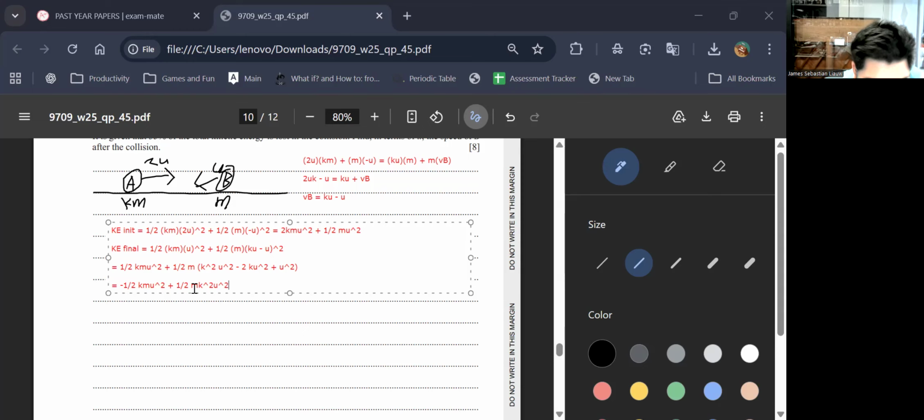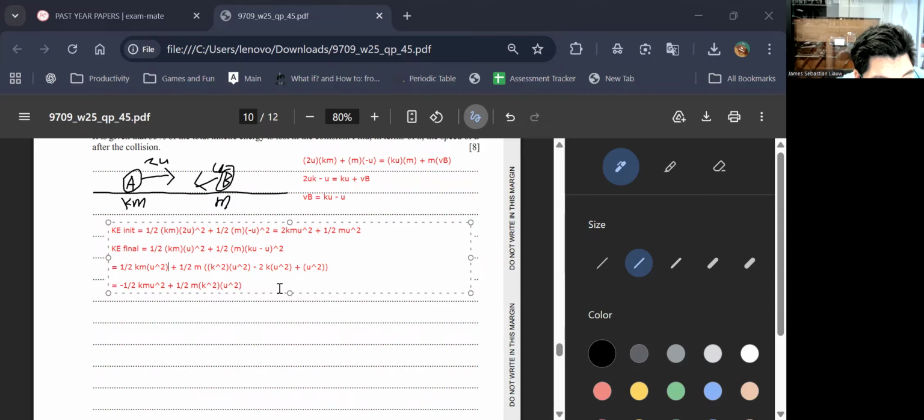I'll just use brackets here so no one gets confused, because the algebra here is already starting to get very, very complicated.